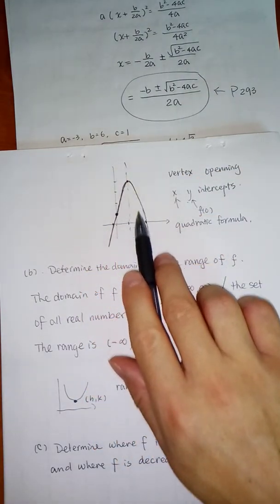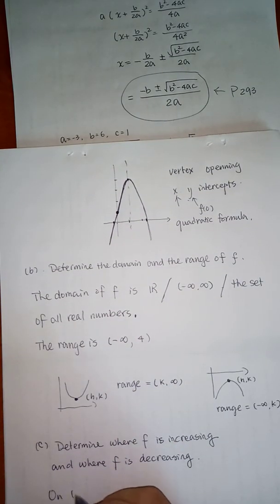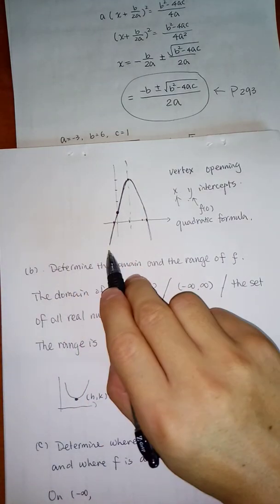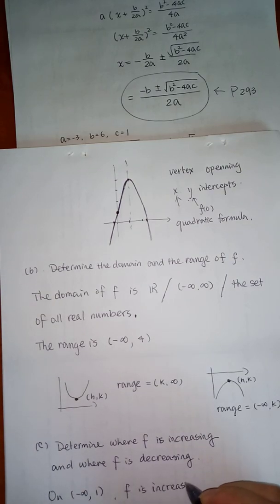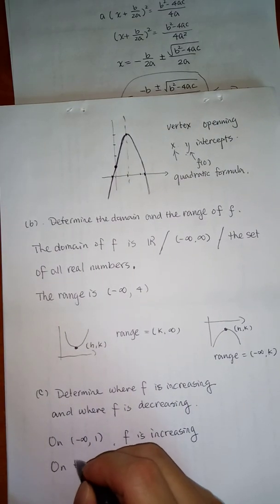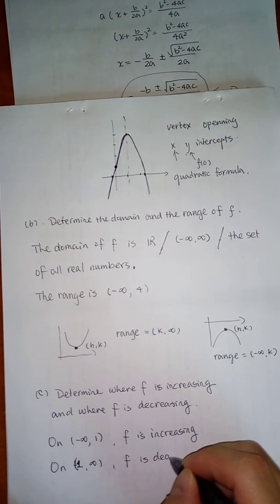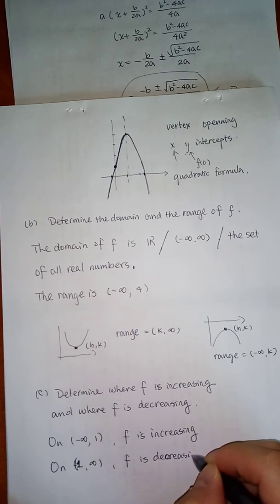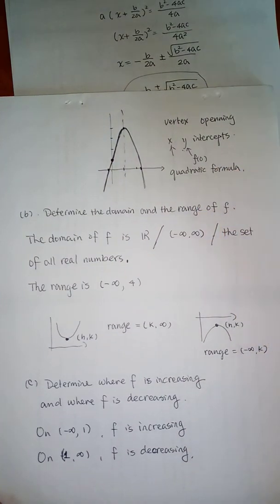On the right side of the axis of symmetry, it's decreasing. So on the left side, negative infinity to 1, f is increasing. On the right side, 1 to positive infinity, f is decreasing. Okay, so just check this graph, you will clearly get the answer.